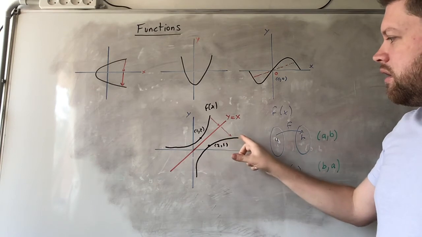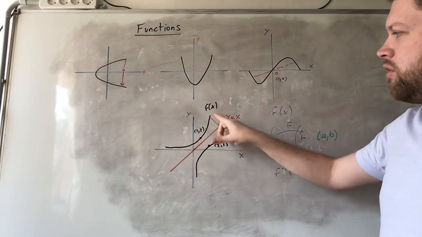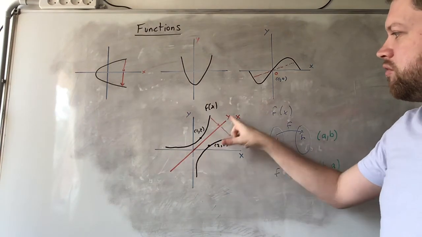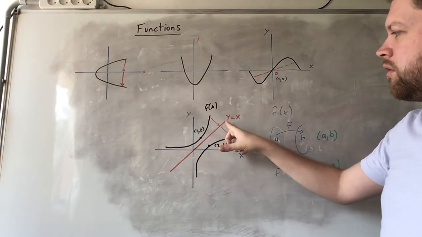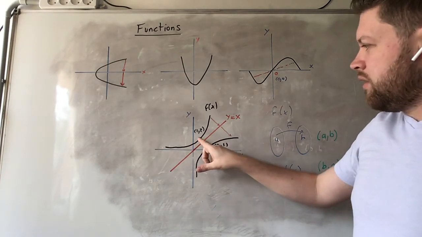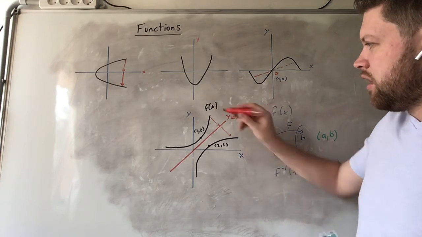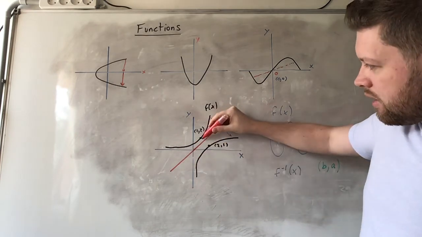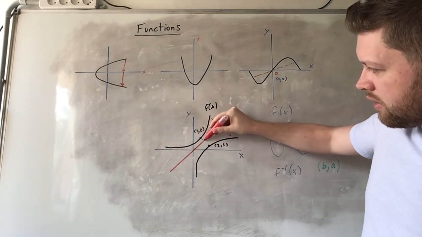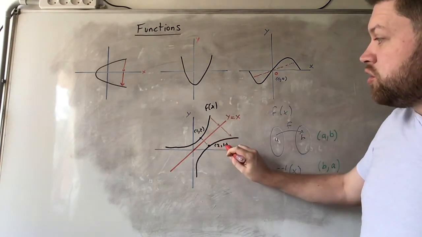These two graphs, these two functions here, are the mirror image of each other through this line of symmetry. Okay? And what that has the effect of doing graphically is that if you have the point 1, 2, which is on our original function, and you walk it over to the line, and then walk it the same distance the other side, you get to the point 2, 1.